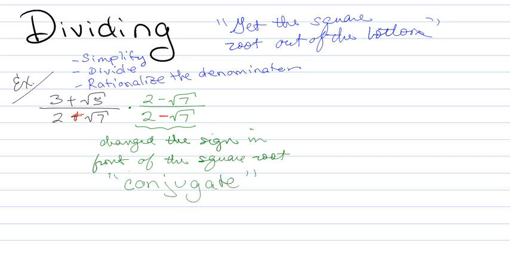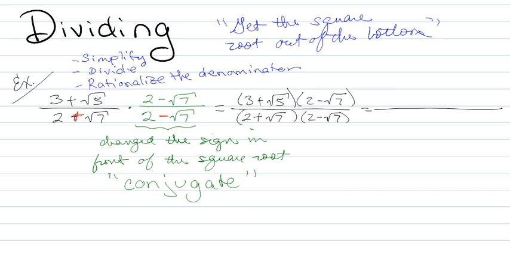It's important to know that word because we're going to use it when we talk about dividing complex numbers. Now we had 2 things that we had to FOIL, so we'll do that just to make sure we remember how. Let's worry about the top first. First, 3 times 2 is 6.